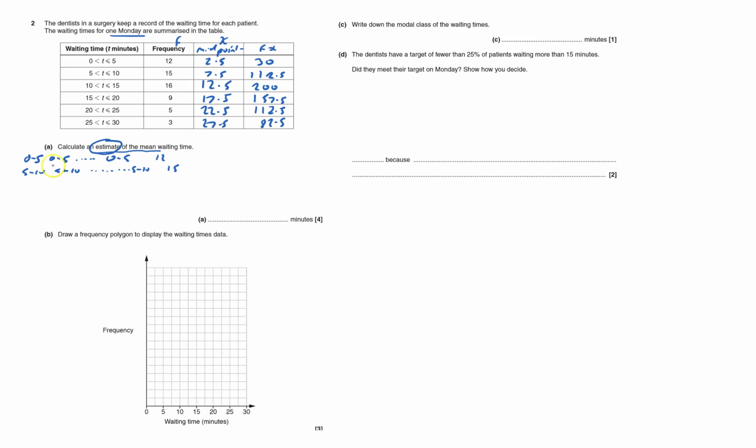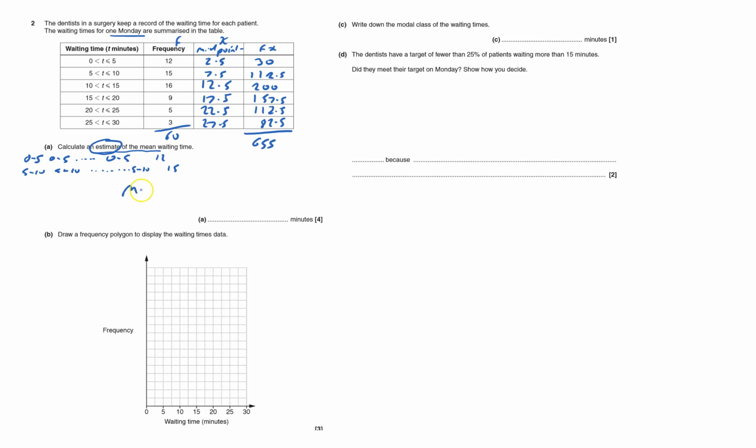And we have to add up all these numbers, so that means I add up all the 2.5s, etc. And the 2.5s come to 30. So I've got to add all those up, and that comes to 695, and divide it by how many there are. Well, there's 12 in this group, there's 50 in this group, so I need to divide by the total frequency, and that adds up to 60.